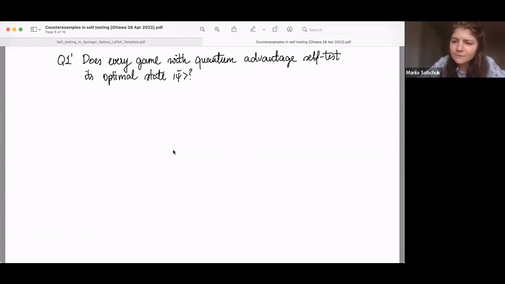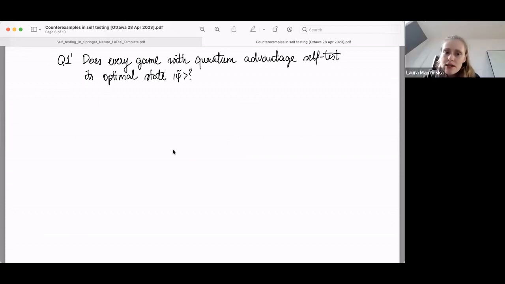Or here you have another measurement box that performs this quantum measurement. How do you know that it actually does that? Self-testing is a way that we can address this question in the most paranoid scenario, where you don't have any trusted quantum devices.